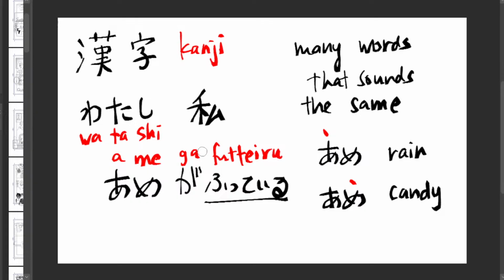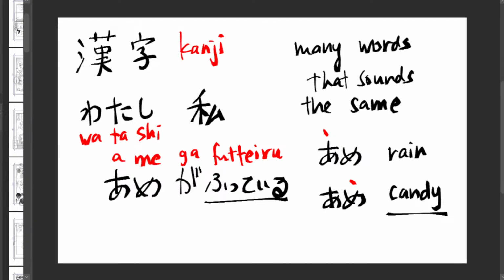So usually candies don't fall down from the sky, so you'll say, oh, he is talking about the rain. But we don't know. Maybe some kind of accident up there and candies are falling down from the sky. Okay, we never know. So in order to differentiate these words that sound the same in Japanese, the Japanese use kanji.